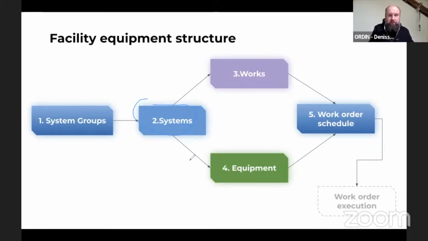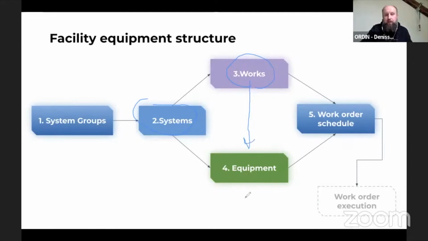So these pieces of the equipment inside the system should be similar, because when you plan your preventive maintenance works for this system, the checklists and the works are almost standard for all pieces of the equipment that you have here.